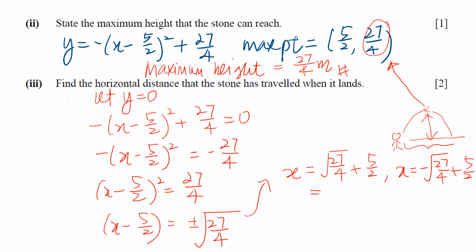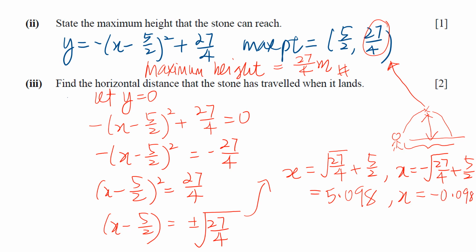You should get 5.098. The second answer would be negative 0.098.